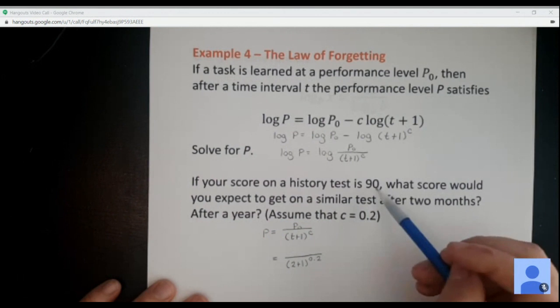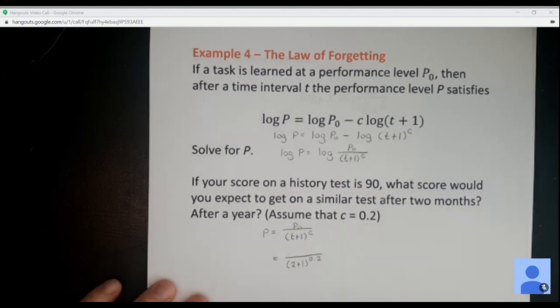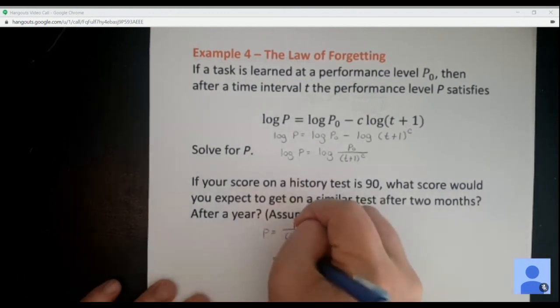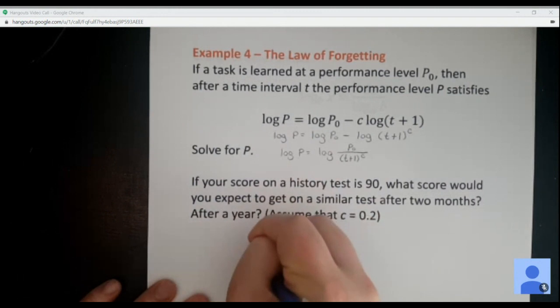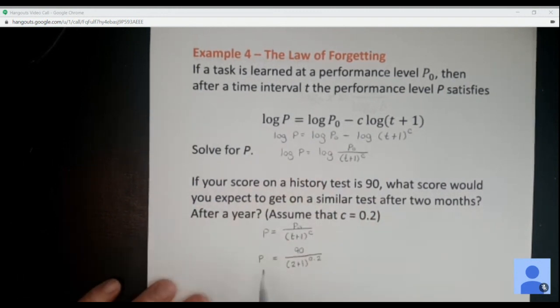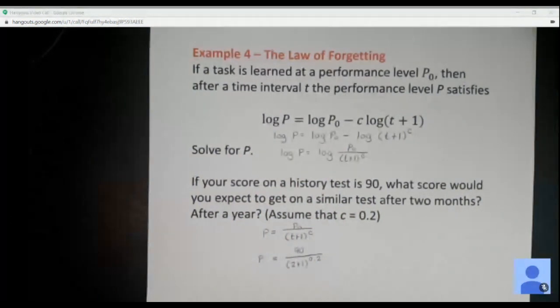Good. So the initial test score that we got was a 90. So that's the P sub 0. So we're going to put 90 up here in the numerator. And we're looking for P because we want to know what would be our new score if we were to wait 2 months. So now we're going to take this, we're going to put it in the calculator. Just make sure when you do this, everything in the denominator needs to go together in parentheses.